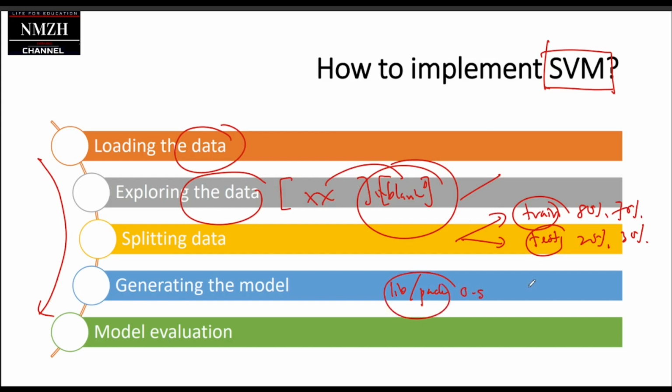So we pull the library in our codes, and then we generate the models. Then the model will be used. Then we give one data as X, so we can predict the Y using the model evaluation, right? So the model trained in step 4.